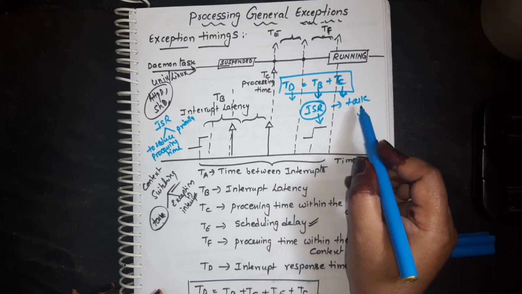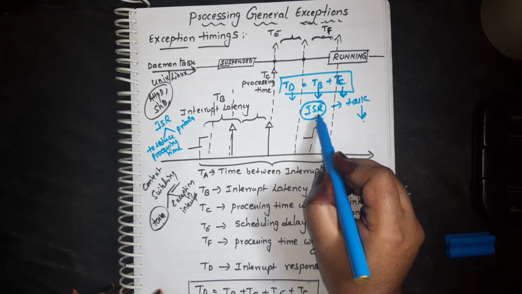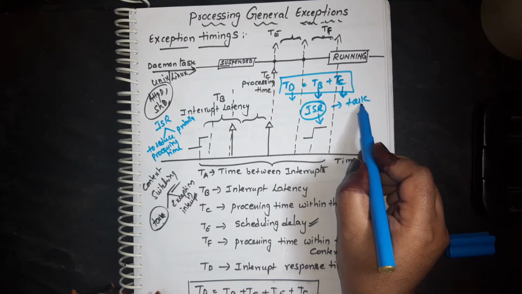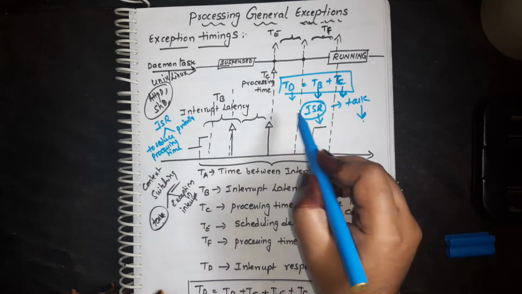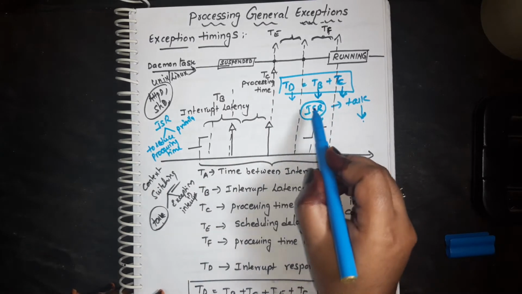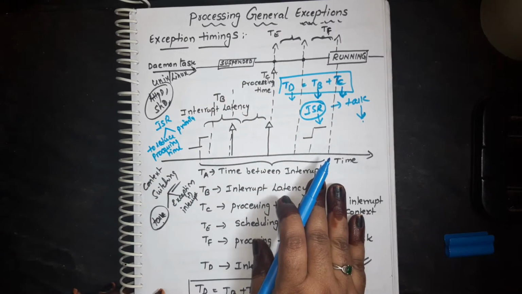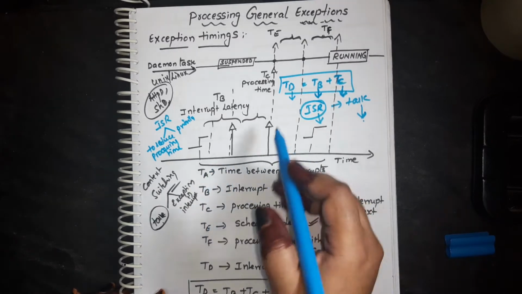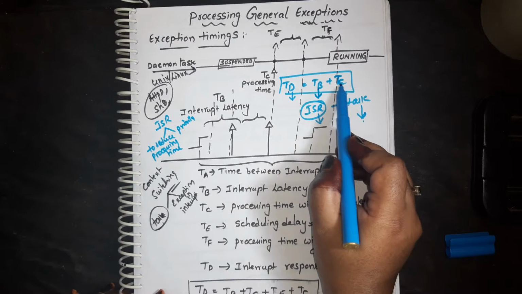When control is executing in the interrupt service routine, if a high priority task is to be executed, the high priority task can preempt the interrupt service routine. In this case we should define the total context in this diagram. Generally we define the interrupt response time with the scheduling delay and processing time.